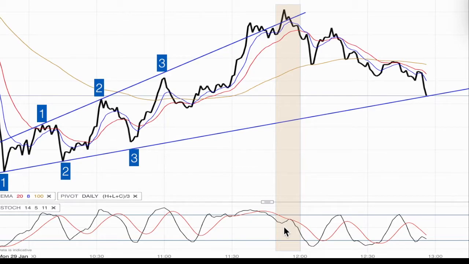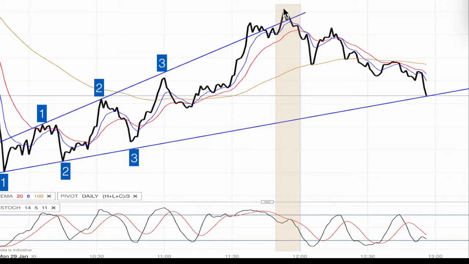That's a divergence on that particular indicator, and it indicates that there's going to be lower prices. And so when you've also got a micro double top in here, then you've got a good trade, expecting it to go down to the pattern low.